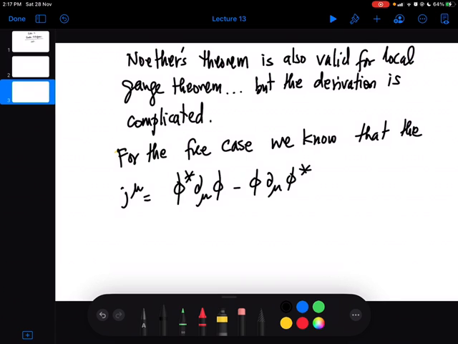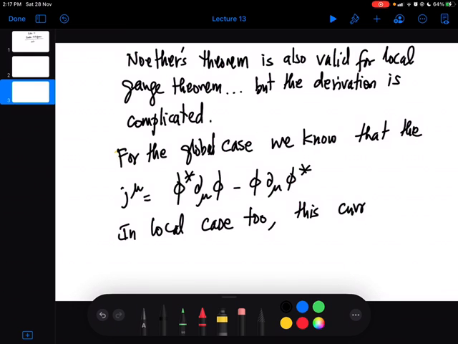In this case, it's not locally gauge invariant. When I say free, I mean the global case. In the local case too, this current has the same form.